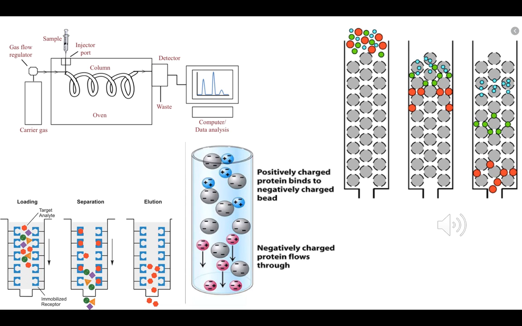If it only binds to the S enantiomer, the R enantiomer will elute first, and the S will remain on the beads. Then I can use another liquid to remove the S and separate the R and S. That's how I would separate them.